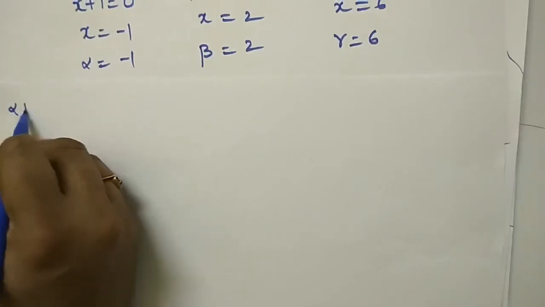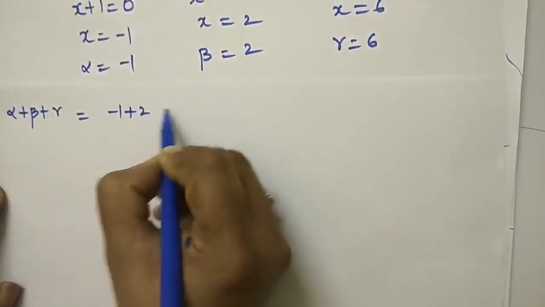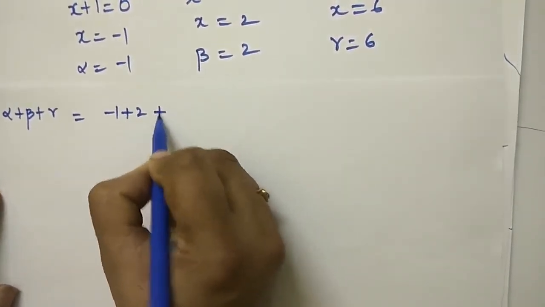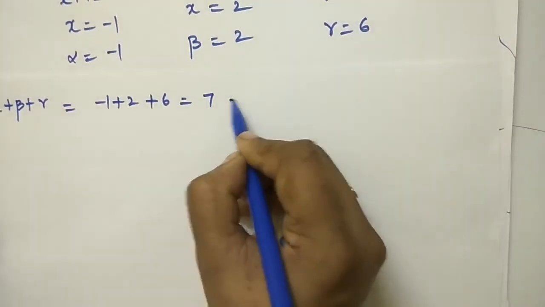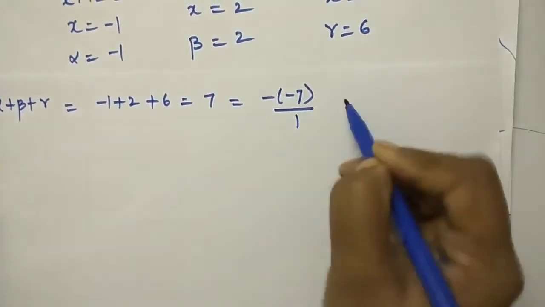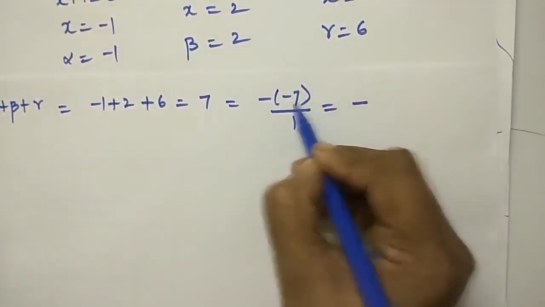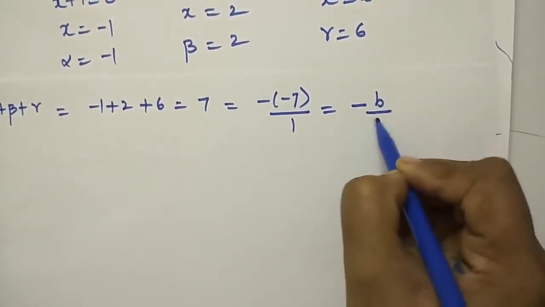Let us calculate alpha plus beta plus gamma is equal to minus 1 plus 2 plus 6. You will get 7. 7 can be written as minus of minus 7 by 1, is it not? This is nothing but the quotient of x square, that is b by a.